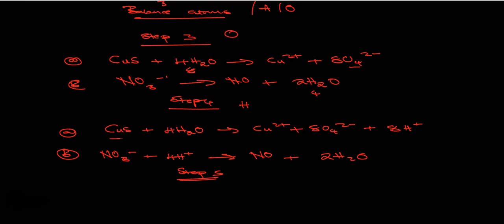To this side we don't have any charged particle, so we have 0 here. But here we have how many? Positive ones. Positive ones we have 2. We also have 1 times 8, which is 8. So positive we have 10.